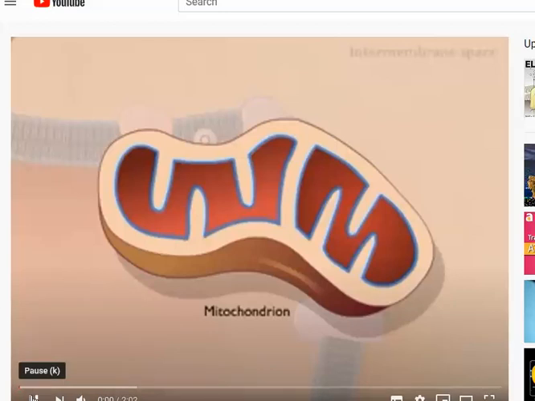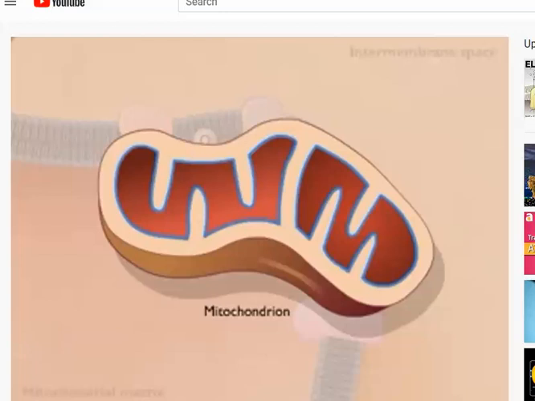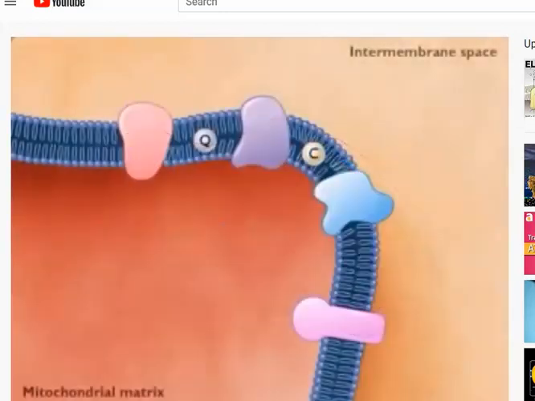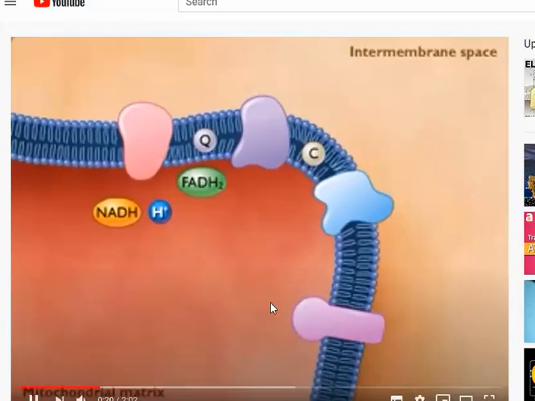In the mitochondrion, the energy stored in NADH is used to generate a proton gradient across the mitochondrial membrane, and the energy of the proton gradient is used to make ATP. When glucose is oxidized during glycolysis and the Krebs cycle, the coenzymes NAD and FAD are reduced to NADH and FADH2.